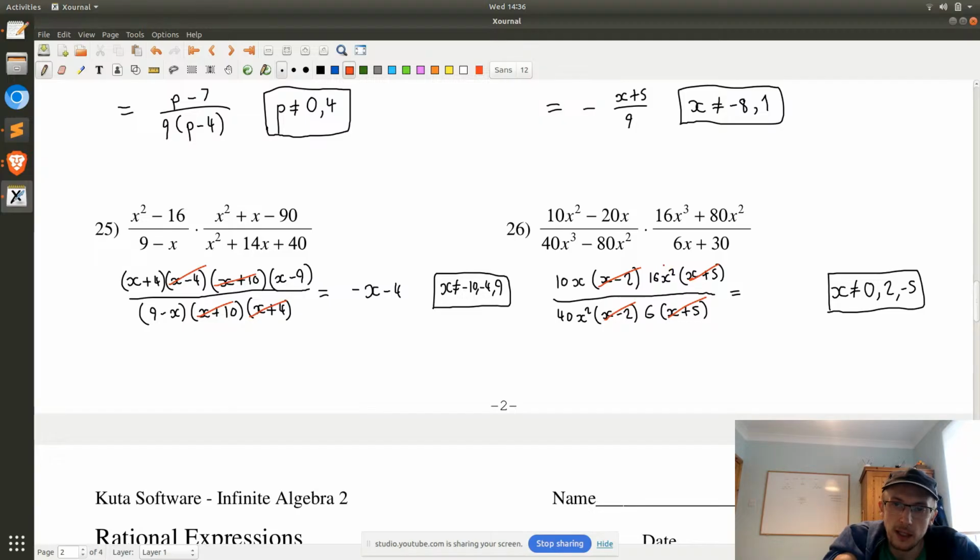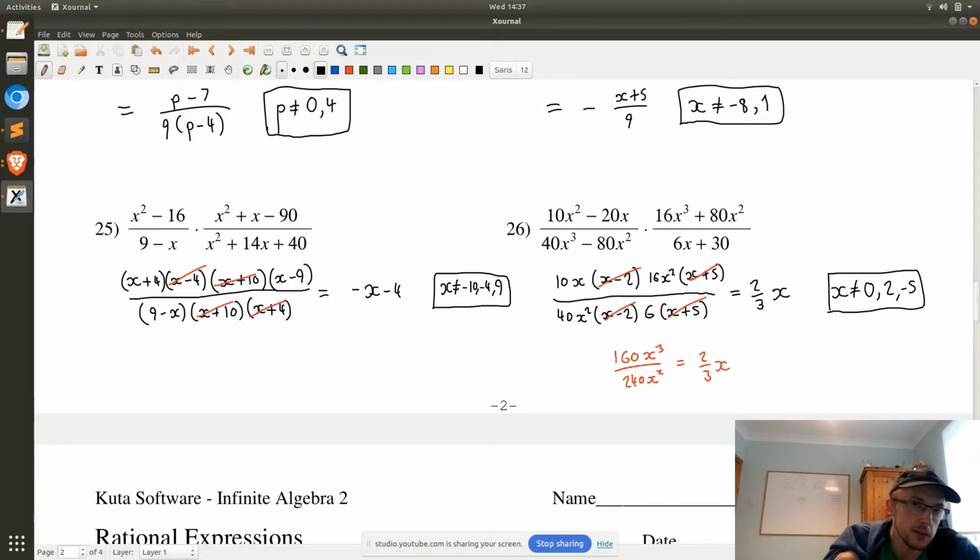160x cubed over 240x squared. Well, that turns into 2/3 of x. Oh my goodness me.